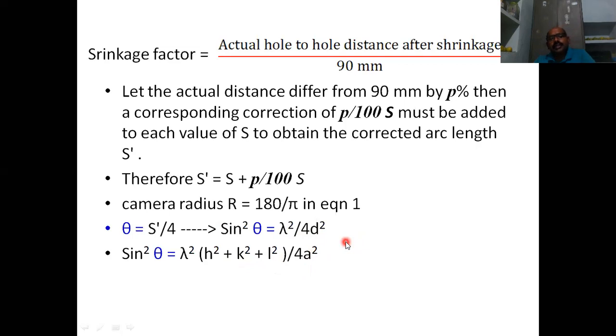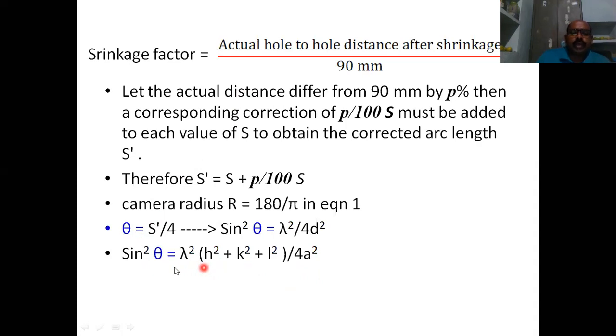So d square is equal to a square by h square plus k square plus l square. After writing that in place of d square, we get sin square theta is equal to lambda square into h square plus k square plus l square by 4a square. Here we know lambda and we calculate theta from the film, and we know the lattice constant, so we can calculate the Miller indices.